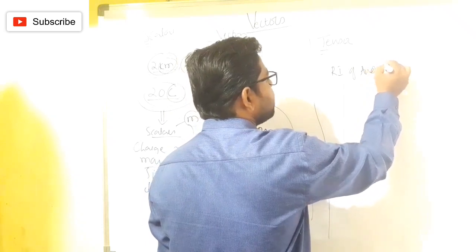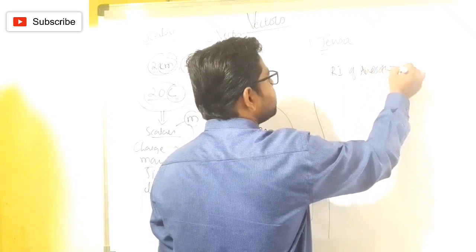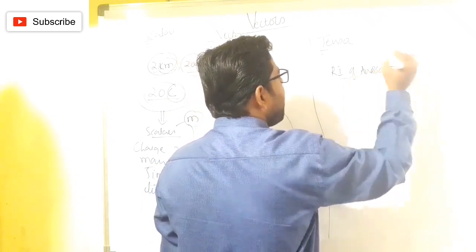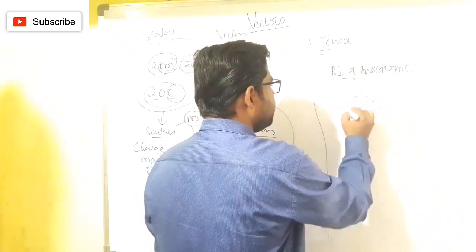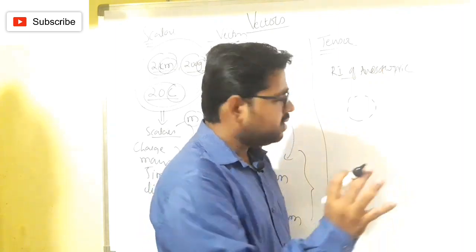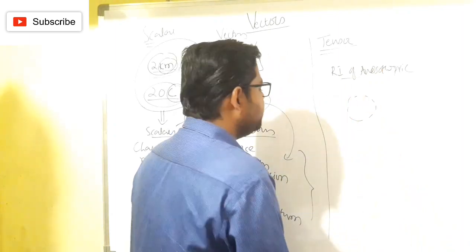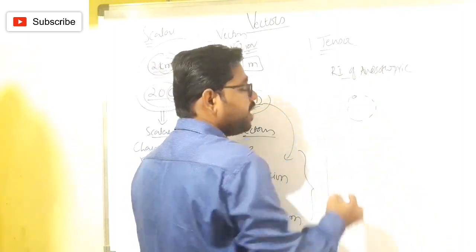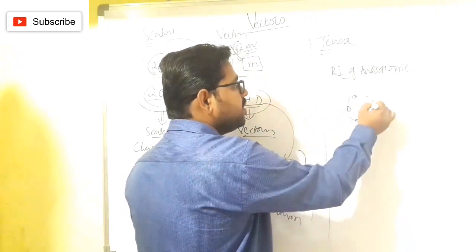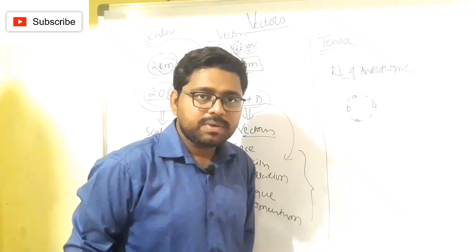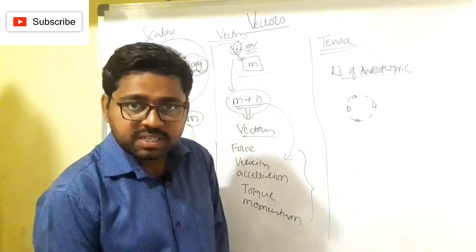Let's say some material is of this nature. Maybe here the refractive index will be different, here it will be different, and here it will be different. From location to location, the value of the refractive index will be changing.